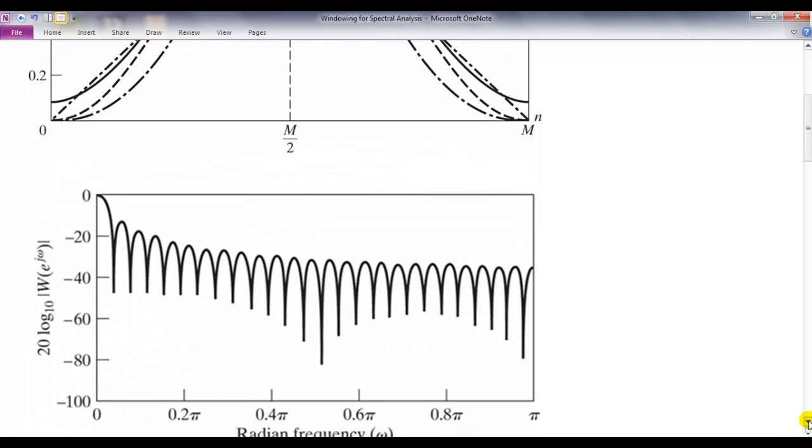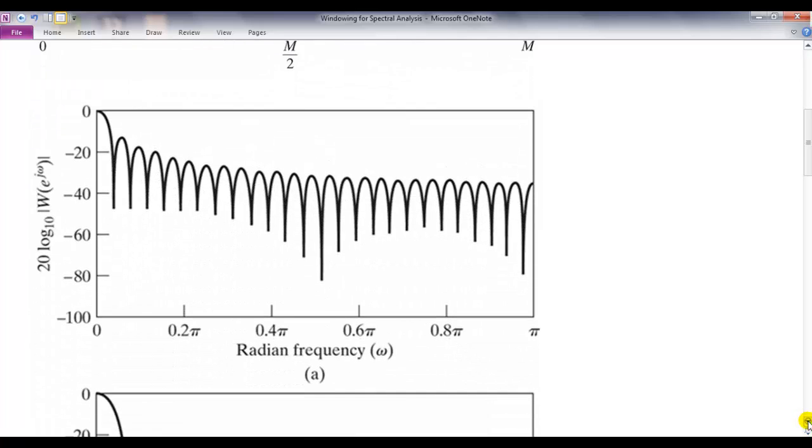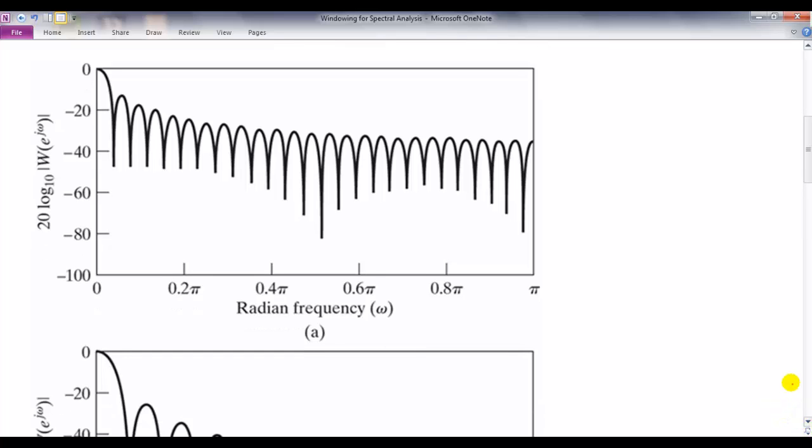And if you then plot in dB scale, if you look at the side lobe and the main lobe width, so this is your main lobe width, this is the rectangular window, and the side lobes are only 13 dB below the main lobe, which may be good for some cases, but it's not that great.